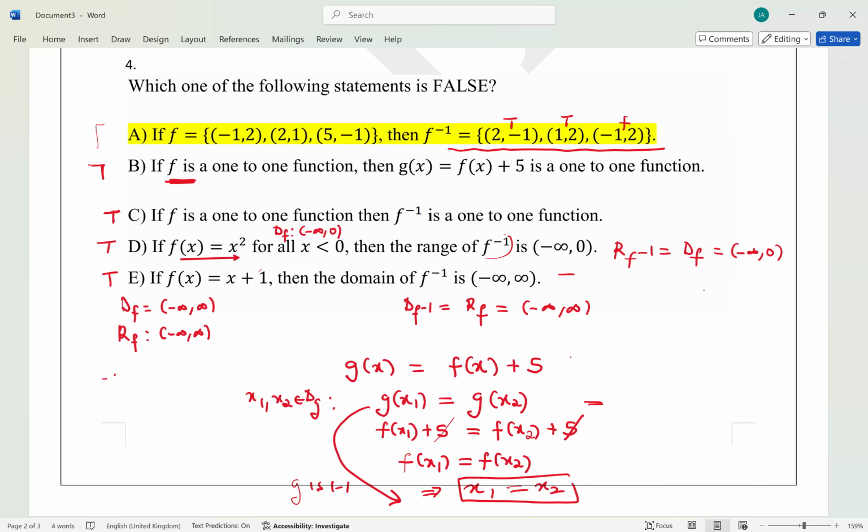So this becomes false. And it is false because of this third pair. Minus 1, 2 is not the inverse of 5 and minus 1. So the correct answer is still A.